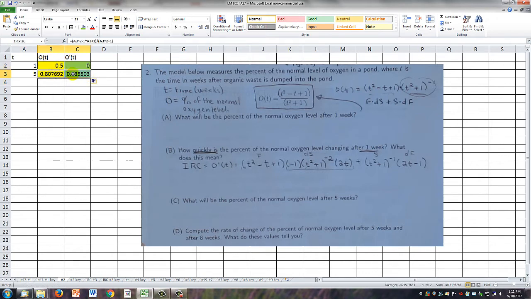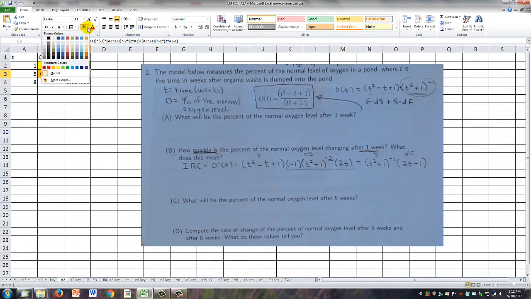And that's going to be not the IRC. This is just asking for, if you know the weeks, what's the percent normal oxygen level. So that's right here. And then compute the rate of change of the percent of normal oxygen level after 5 weeks and 8 weeks. So let's put in 8, and we want to compare these two IRCs.